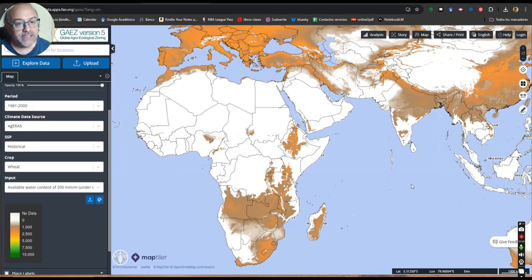I'm showing here wheat, and I chose the option with trusting only rain, meaning no irrigation or very little irrigation, and no inputs, no fertilizers or other chemicals, because I think that's more realistic for pre-modern societies.